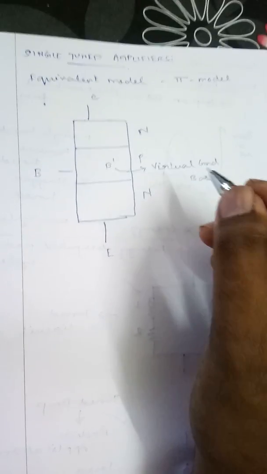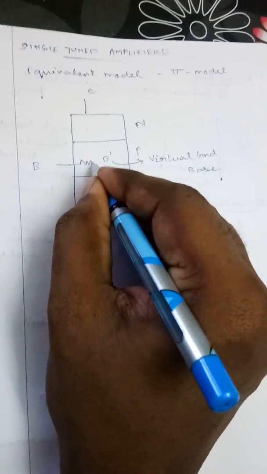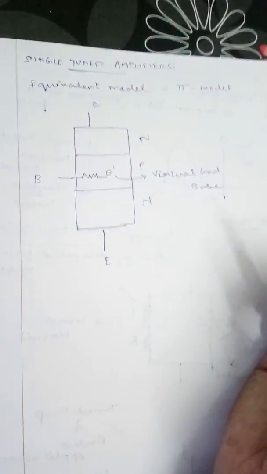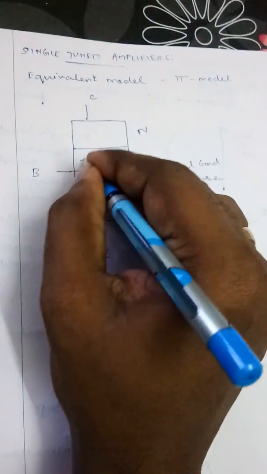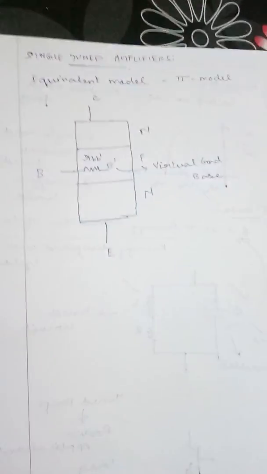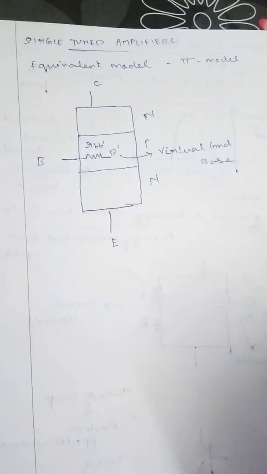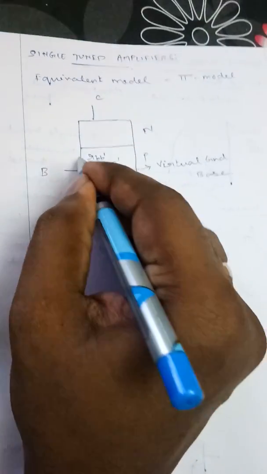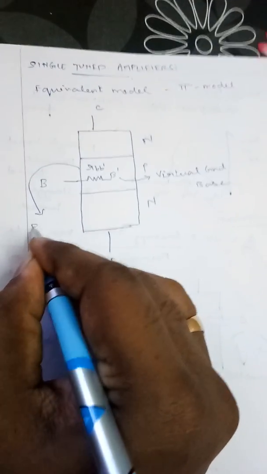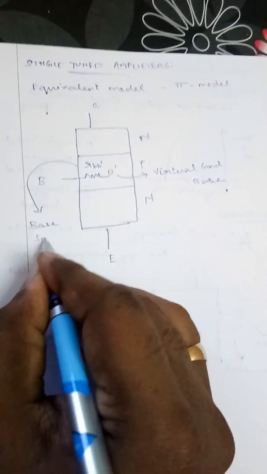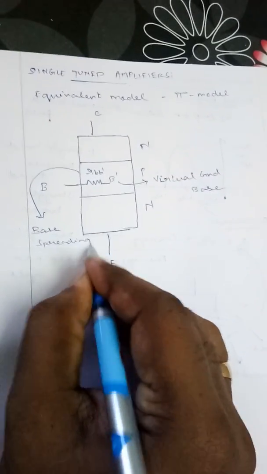And if a resistance is connected between the base and the B prime terminal, that particular resistance is named as RBB prime, where RBB prime represents the base spreading resistance.